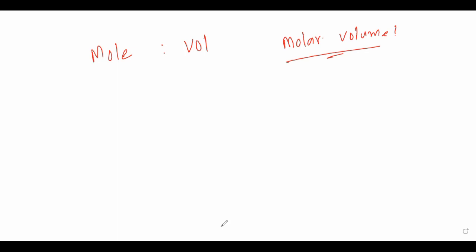No issue. Molar volume is the volume for 1 mole of gas. This is always for gases. 1 mole of gas.